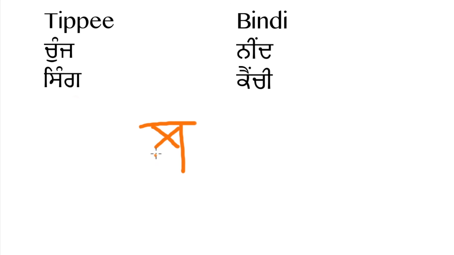If we have anything underneath it, so it could be an onkur or a dulenkar or a sihari, then we'd commonly use a tippee. So if there's anything below the character or to the left of the character, or if the character is on its own, we'd commonly use a tippee.